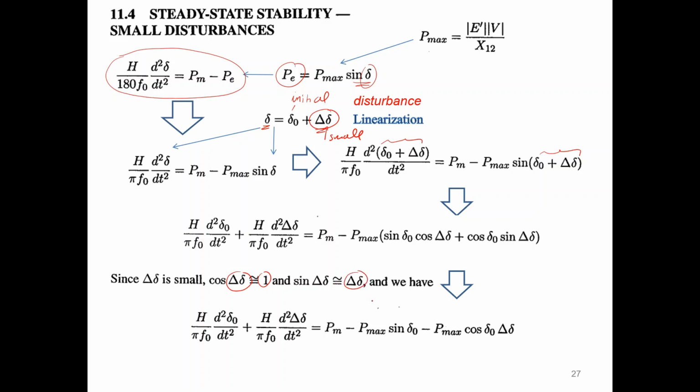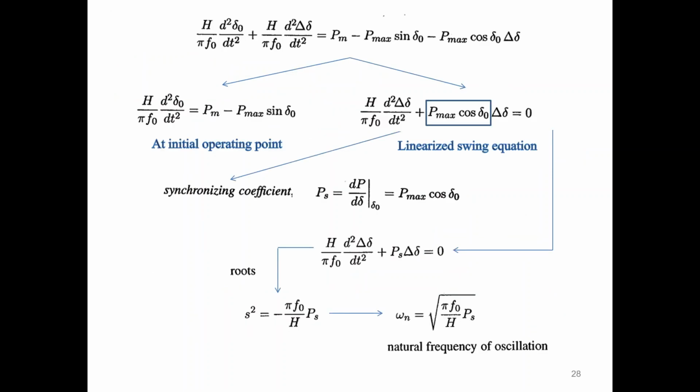So we change the right side of the equation. Wherever we have cosine, we substitute 1, and the sine of delta delta is delta delta itself. This line is after the approximation. Now you can split it into two terms.